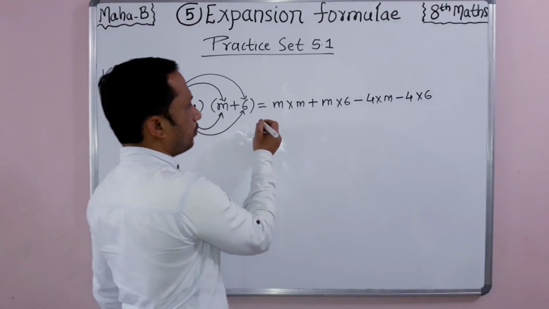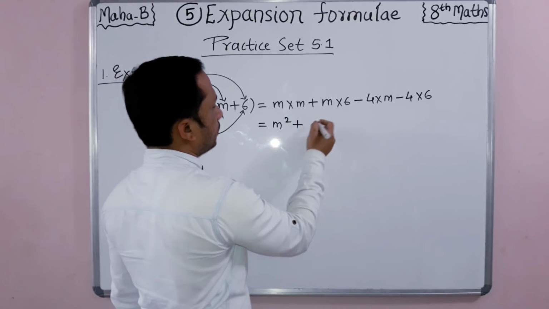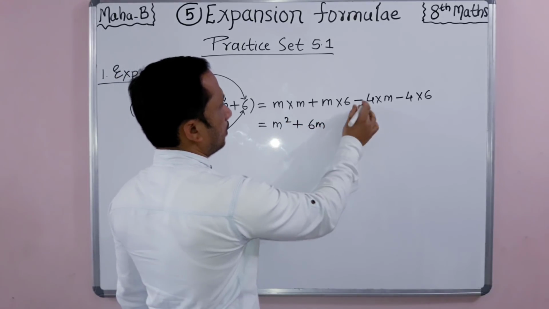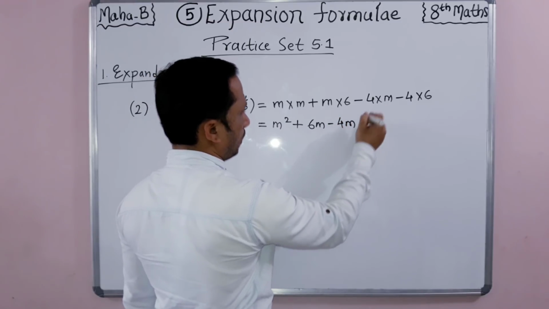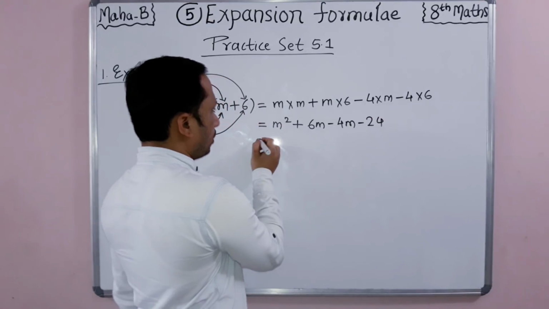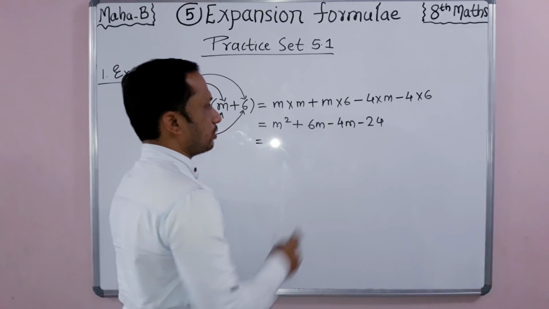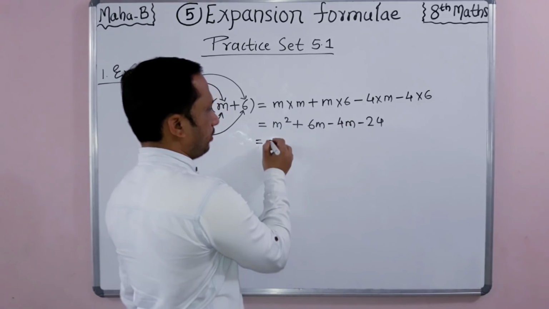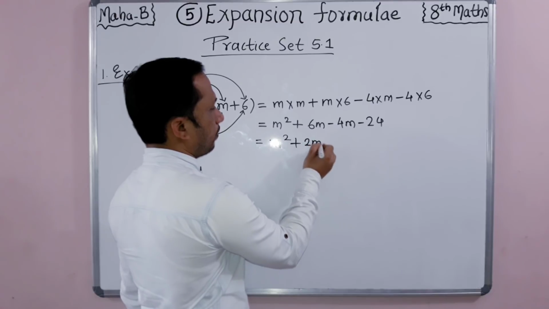So m into m, what is students? M square, and m into 6, 6m is there, minus 4 into m, minus 4m, and minus 24. Okay students, now see students, this is the 6m plus and this is the 4m minus. So 6m minus 4m, what will be remaining students? So m square plus 2m minus 24.